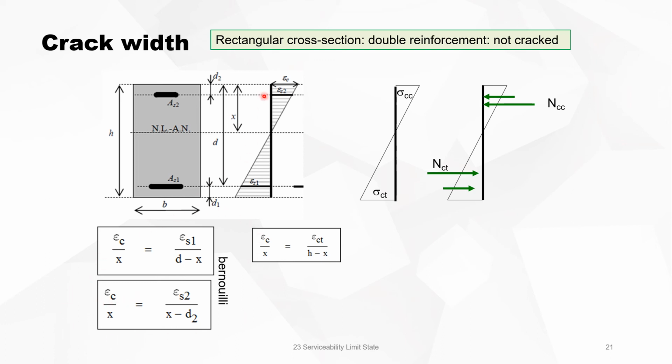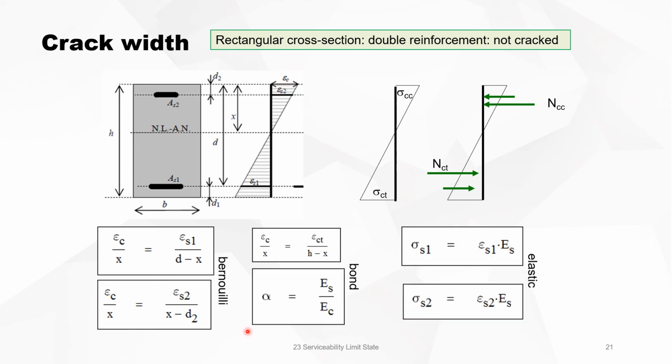It means that with similar triangles we can express epsilon_ct, the one here at the bottom, and epsilon_s1 and epsilon_s2 in function of epsilon_c at the top. We have alpha and we have the elastic behavior of the reinforcement.